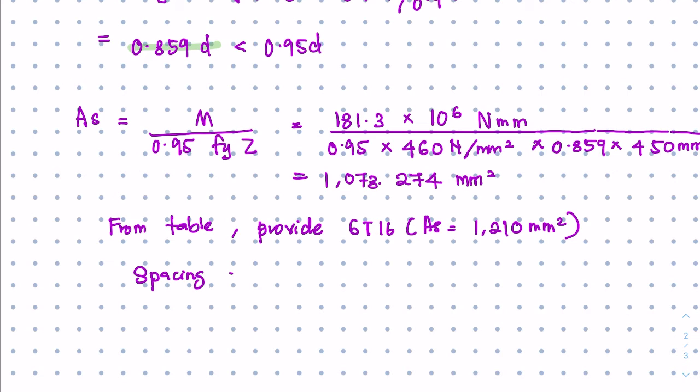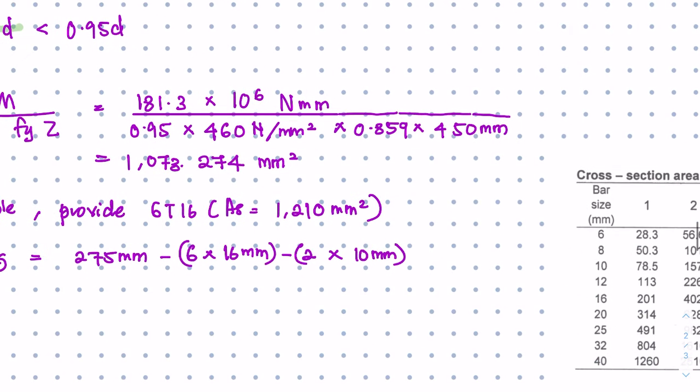For spacing, if I do a single layer, no stacking, then we just use B, which is 275, minus 6 numbers of 16 mm diameter bars, minus 2 times 10 mm diameter of link. Assume the diameter of link, we just assume it, as the question did not tell me what size to use.